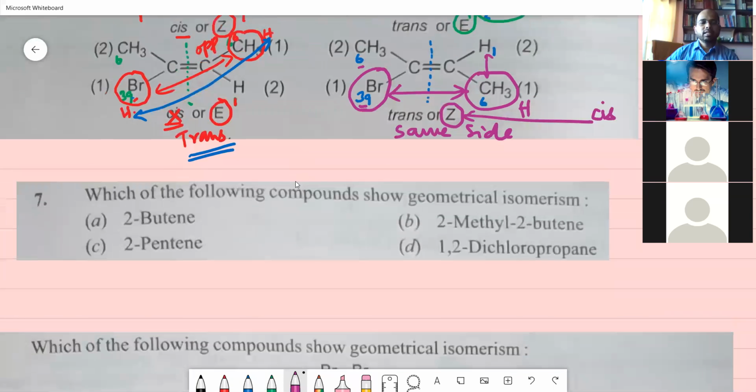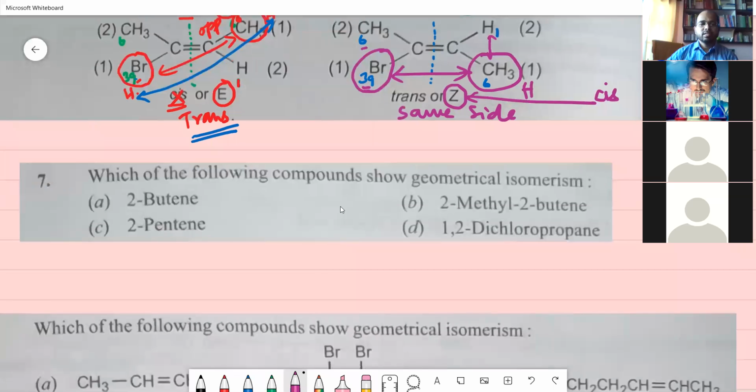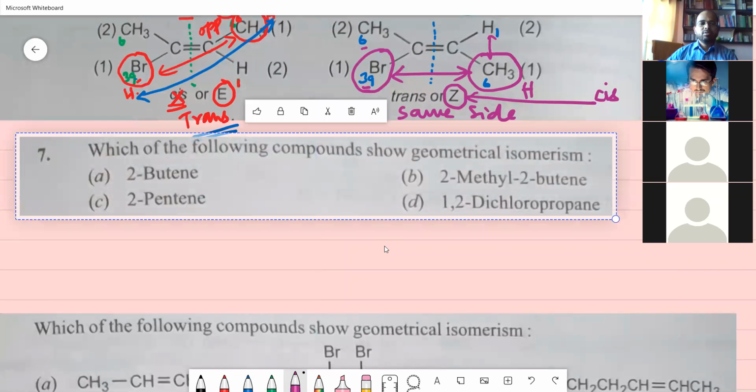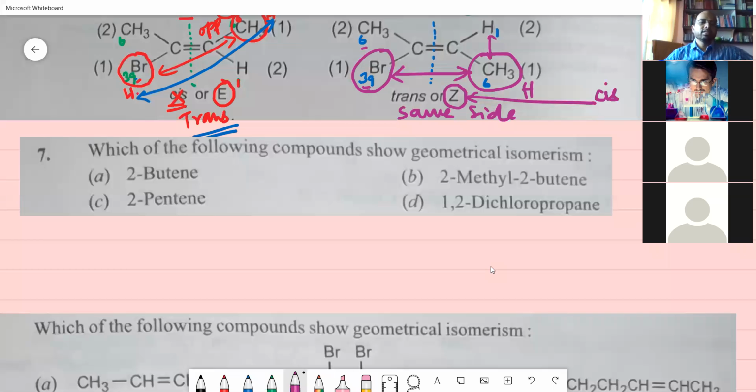Now here is a typical question that is often asked in many examples. Which of the following compounds show geometrical isomerism? For this, you have to draw every structure. Okay, so let me try this again and come to a conclusion.